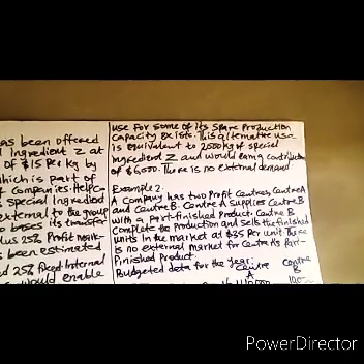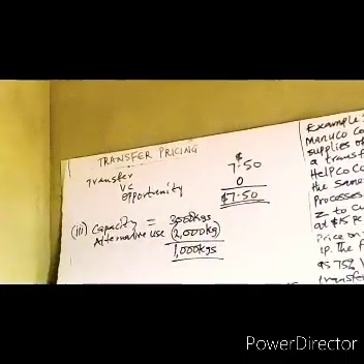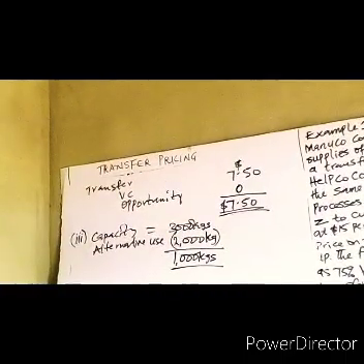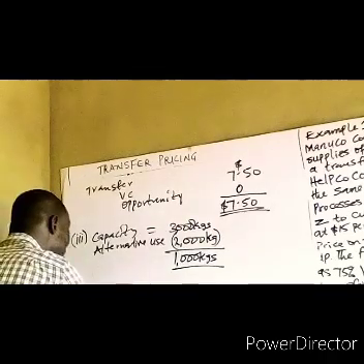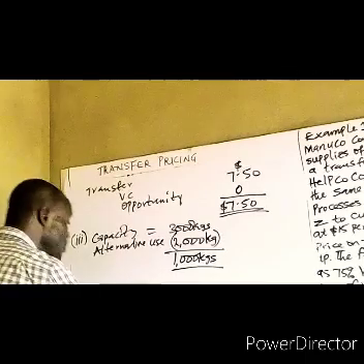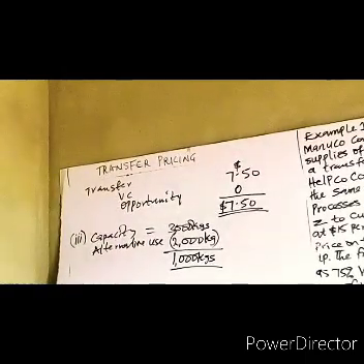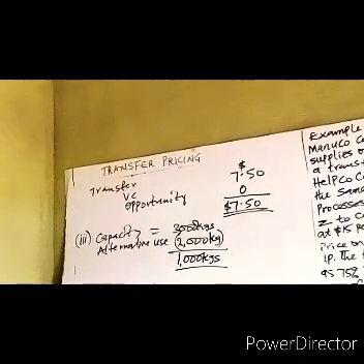Now, if you want to make the transfer of that 2,000, remember I've told you that the transfer price will be variable cost of production plus opportunity cost of making the transfer.